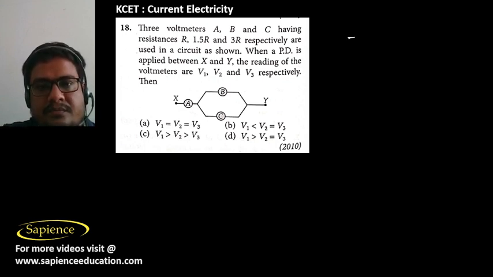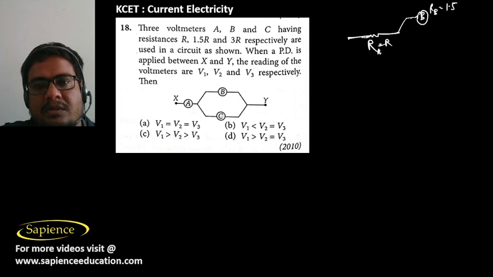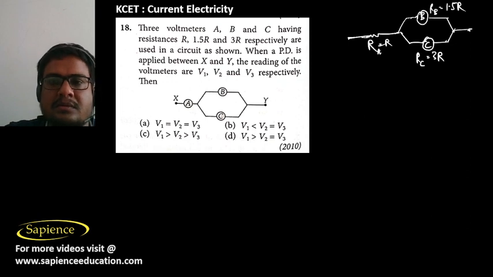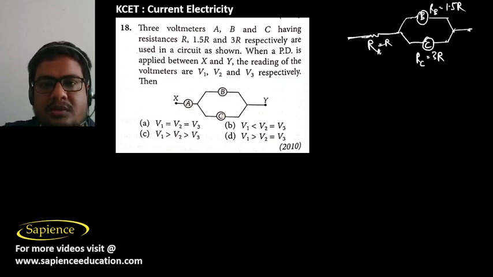So this resistance of A, RA, is R, resistance of B, RB, is 1.5 R, and resistance of C, RC, is 3R. So this is V1, this is V2 across this, V3 across this.